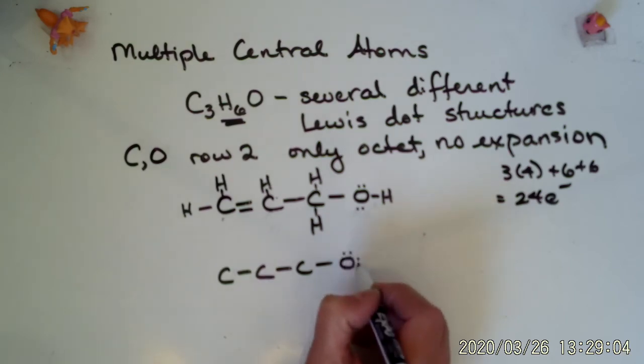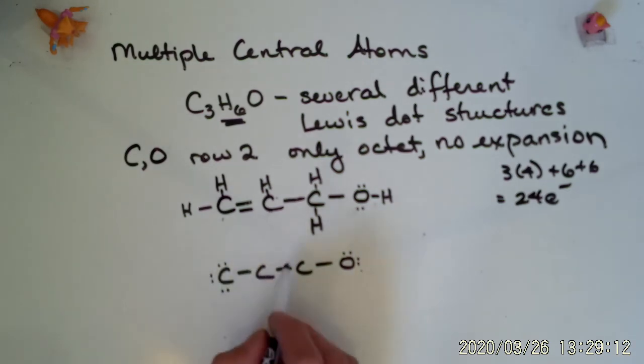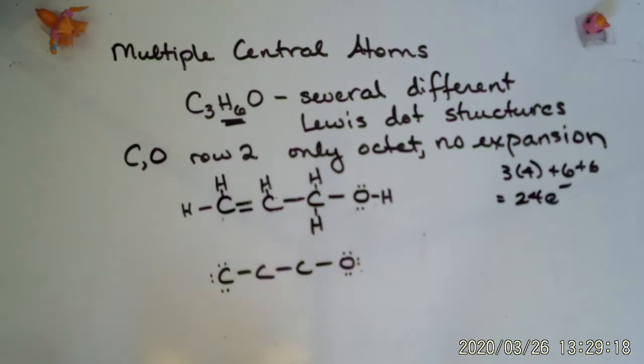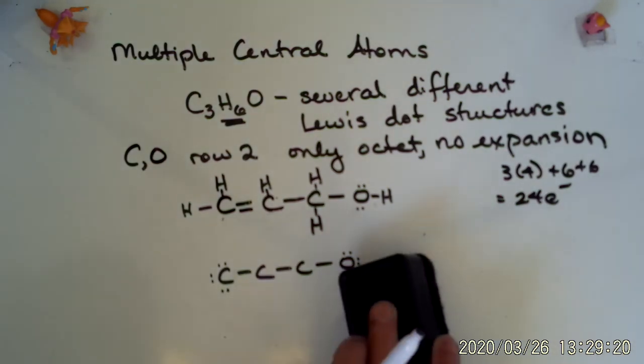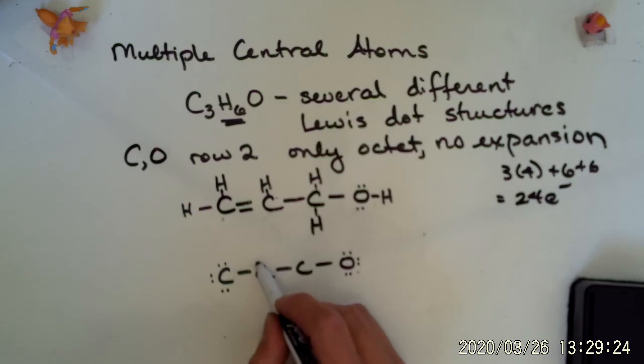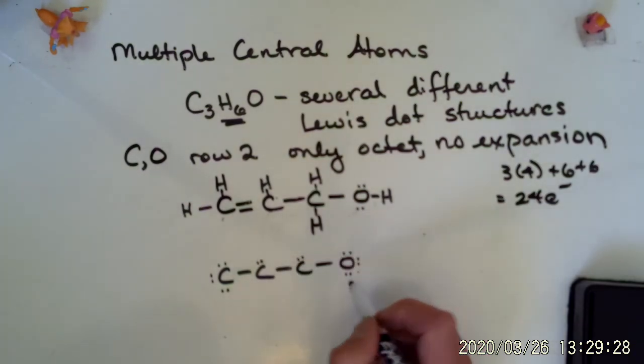suppose I said something like, well, let's put 2 and 2, 4, 6, right? 2, 4, 6, 8, 10, 12, 14, 16, 18, right? I wanted to just distribute, okay, 22, 24. And let's distribute my hydrogens.